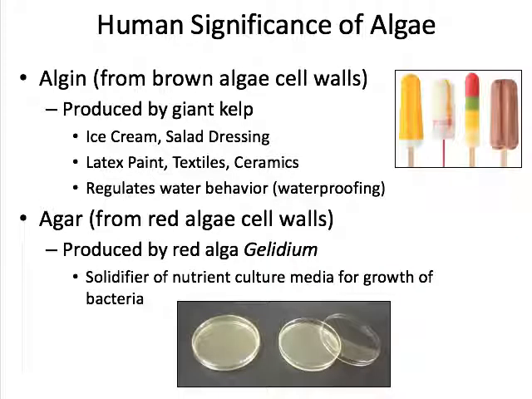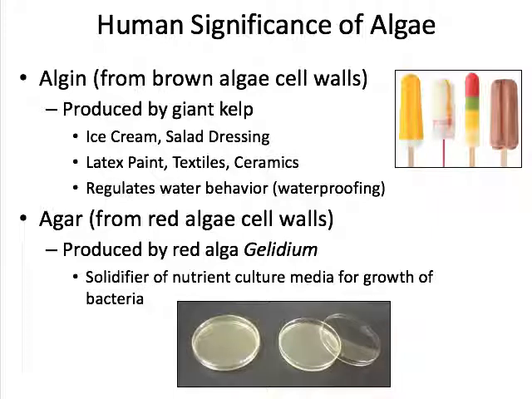Next up is algin. This is derived from brown algae cell walls, particularly from giant kelp. We see this additive in things such as ice cream, salad dressing, and even things that aren't edible, things like paints and textiles and ceramics, as well as different types of waterproofing.